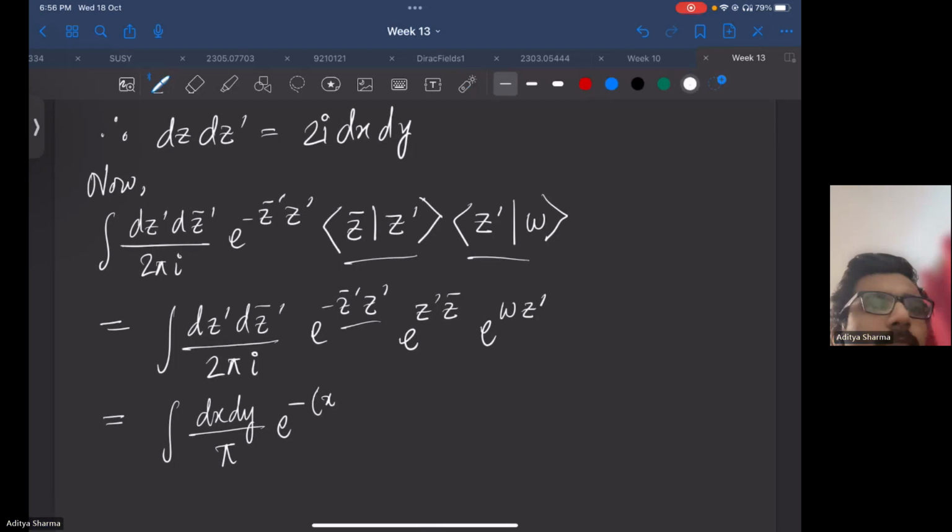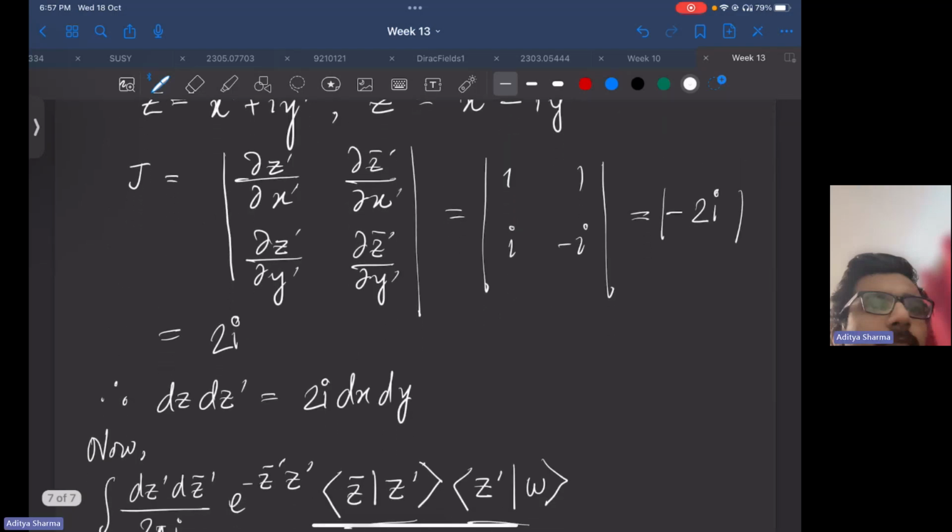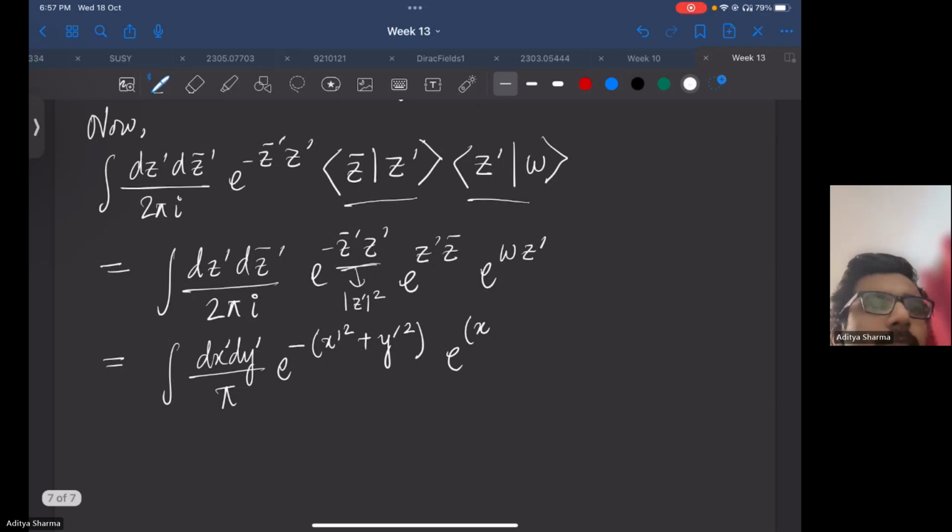That is, this is nothing but mod z square, not z prime square, which is nothing but x prime square. E power z prime is x plus iy.